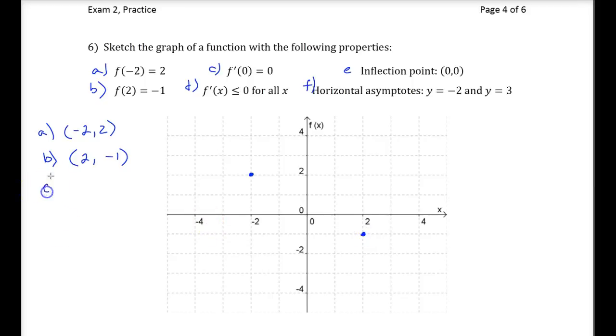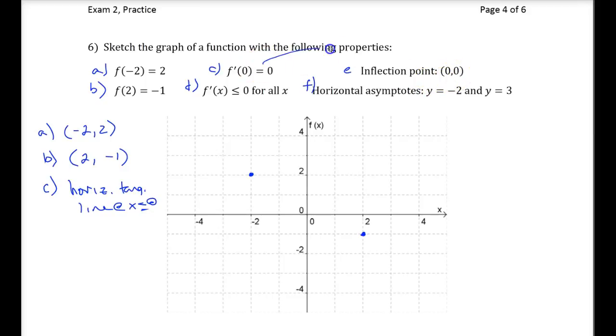For C, what that is telling me is that at x equals 0, I have a horizontal tangent line. Okay, so I have a horizontal tangent line at x equals 0. And so we could come up with various ways to put that.